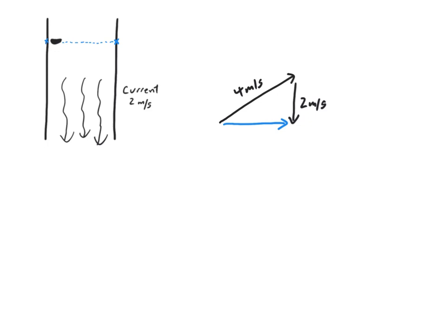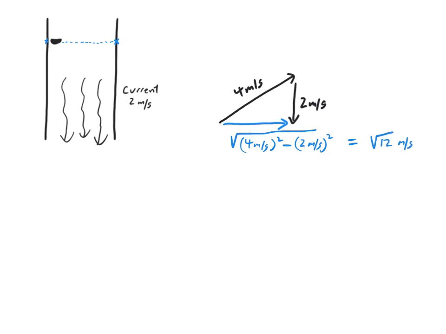Notice that we have a nice little triangle here, and so when I add the 4 meter per second vector with the 2 meter per second vector, I get the blue vector. That's the velocity relative to the ground, and for the magnitude of that vector, I can use the Pythagorean theorem. The magnitude of this vector is going to be the square root of 4 meters per second squared minus 2 meters per second squared, which is equal to 16 minus 4, 12, so the square root of 12 meters per second.